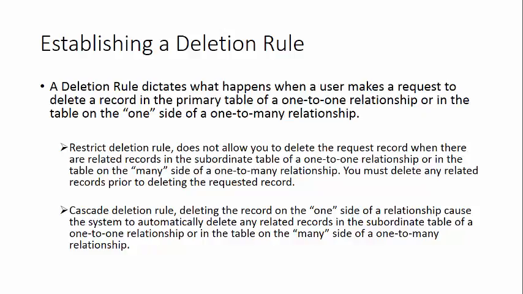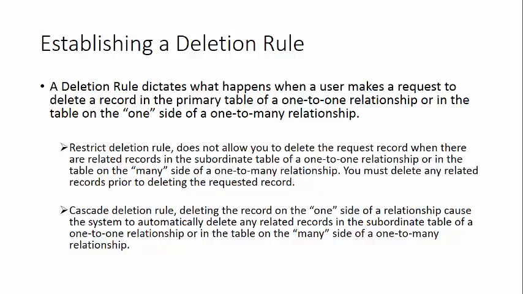So basically, to delete one record in the primary table, you have to first delete the subordinate table's rows, the records that link to that particular record in the primary table, or delete all the records on the many side. Once they're deleted, then you can delete the record in the primary table.